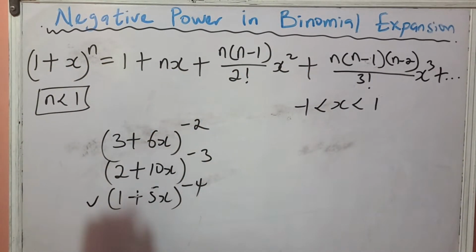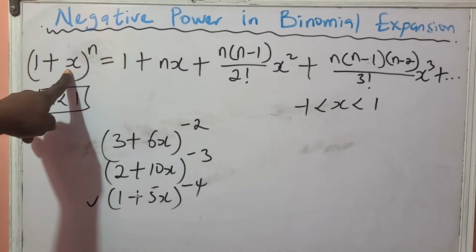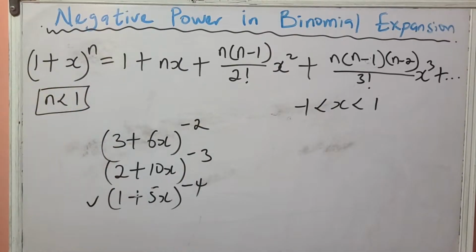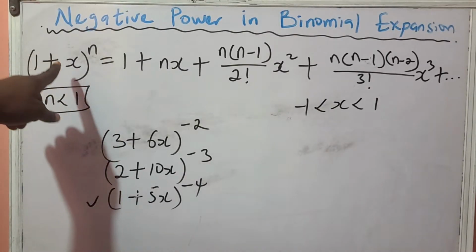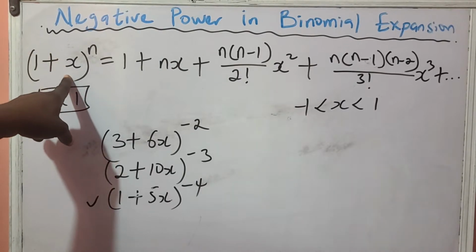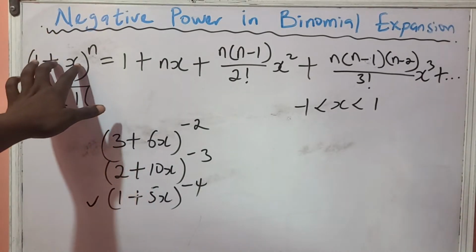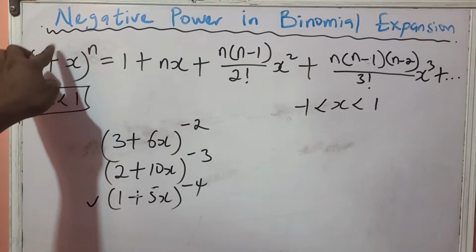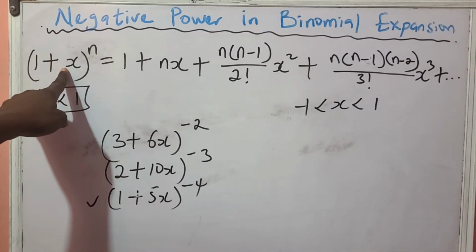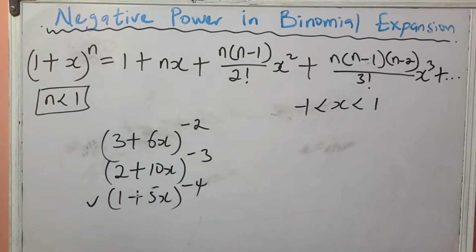Now, but look at something. I also need to point this out. You need to understand that this x could also be multiples of x. For instance, we can have 2x. We can have 3x. We can have minus 5x. We can have minus 7x. We can have different multiples of x being represented here. This particular one, we're only representing 1 times x. That was 1x. That's x.